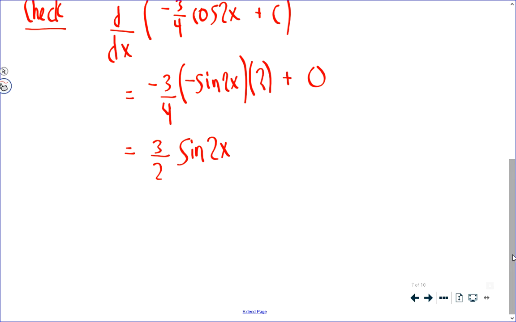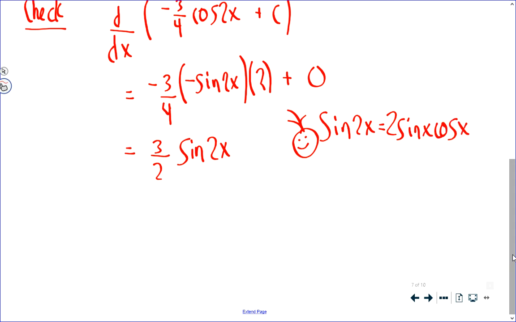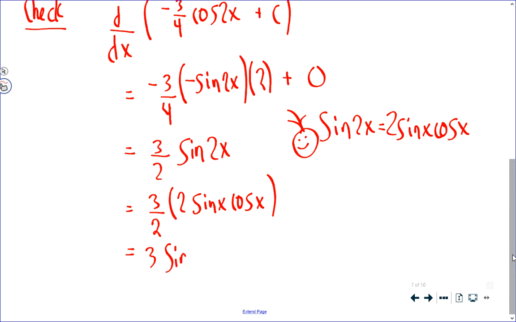By the way, the derivative of the constant is 0, so I guess I could have put plus 0 here. Now, on your formula sheet, sine of 2x is 2 sine x cos x. So I can put, instead of 3/2 sine of 2x, 3/2 multiplied by 2 sine x cos x, and that gives me 3 sine x cos x because the 2's cancel.